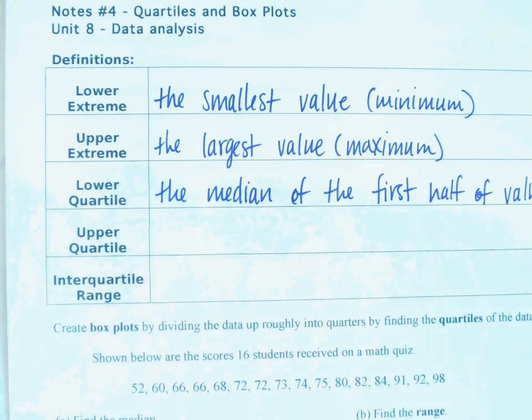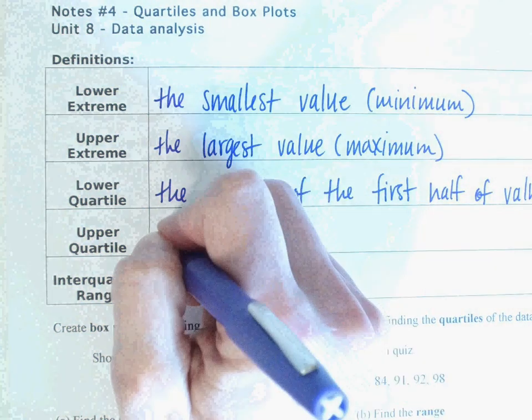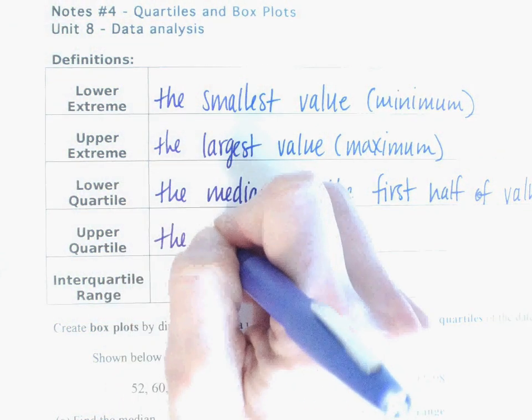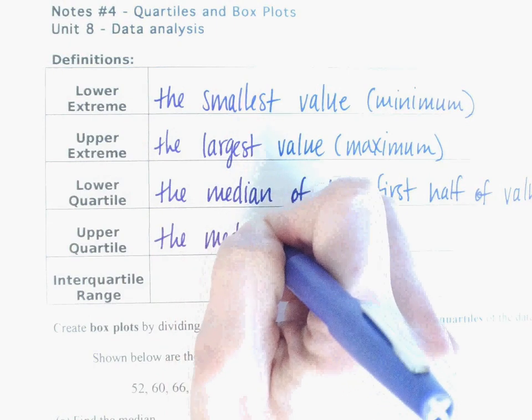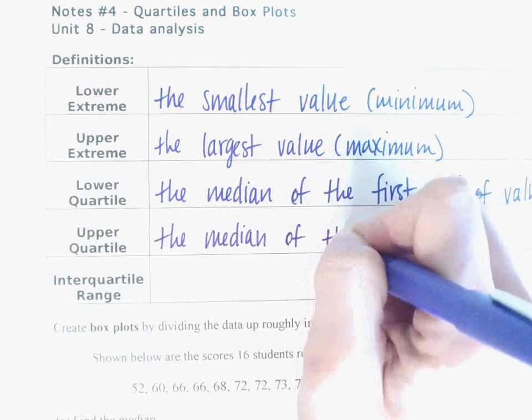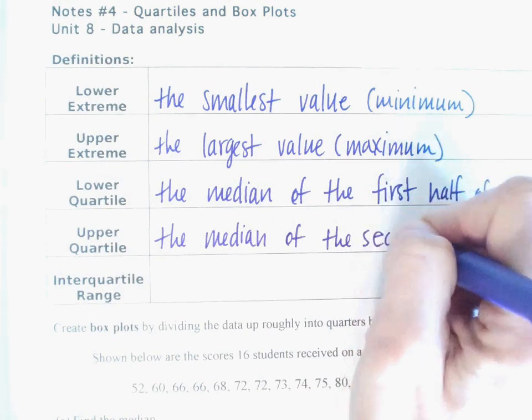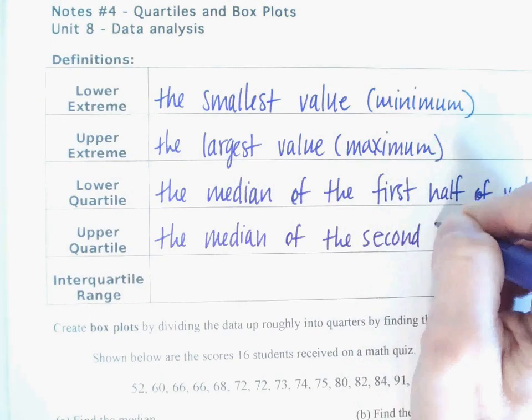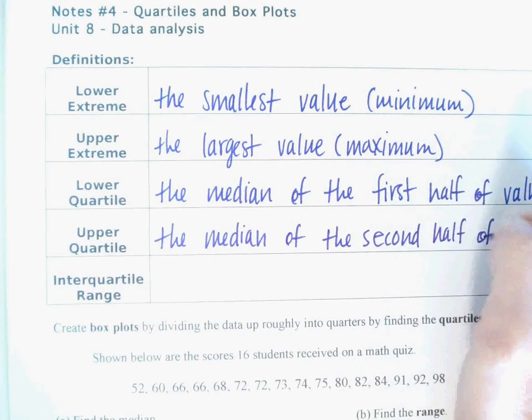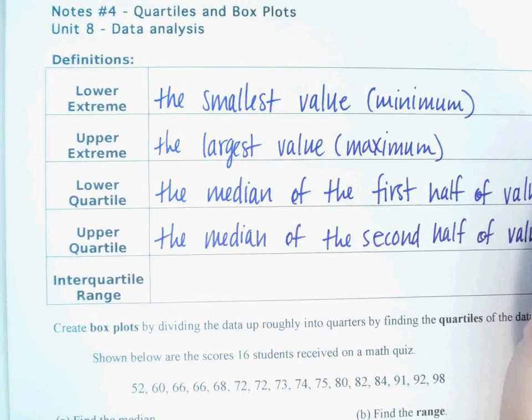Upper quartile. This is the median of the second half of values. Also known as quartile 3, third quartile, Q3.